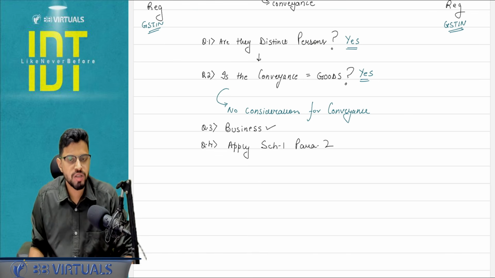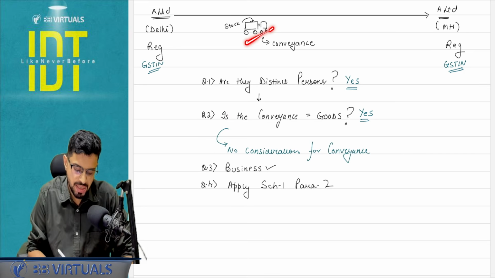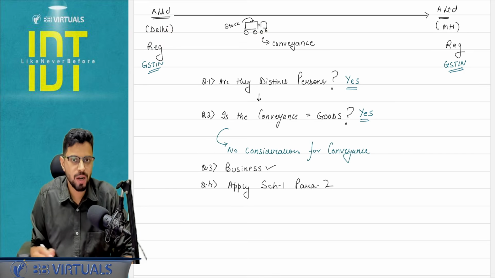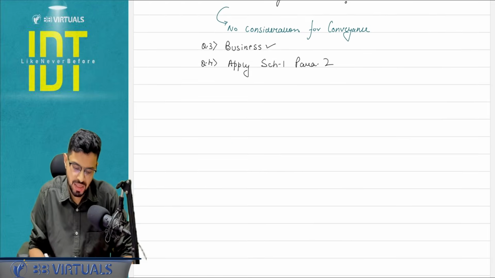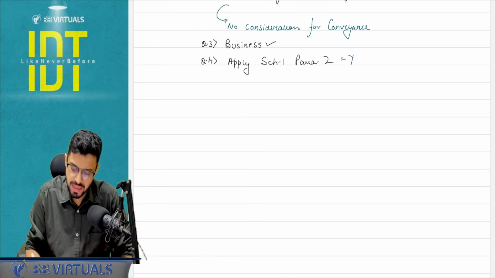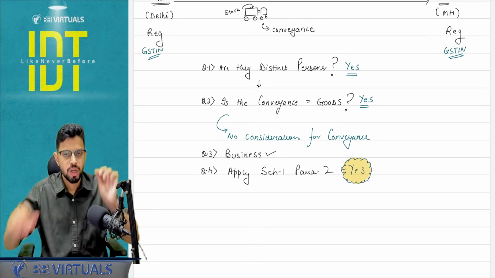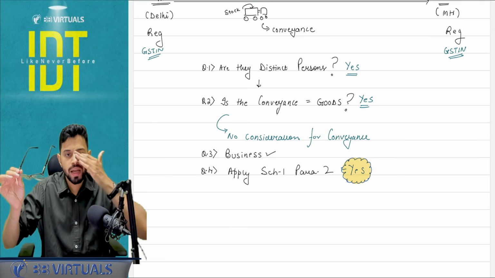Are the conditions of schedule number 1, paragraph number 2 applicable here? Is it a goods? Is it a distinct person? Is it a part of business? Everything the answer is coming as yes. Do you agree? All the parameters of paragraph number 2, schedule number 1 are fulfilled here.